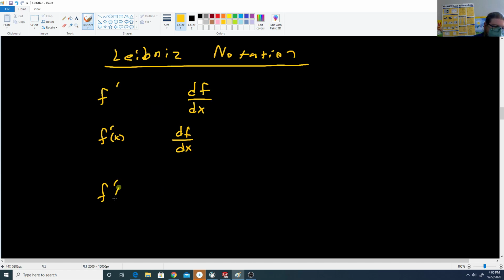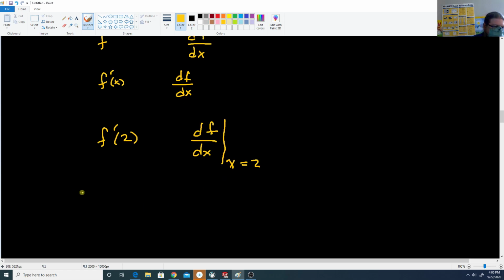If we had something like f prime of 2 in Leibniz notation, the way we notate that is kind of weird. We would do df dx evaluated at x equals 2. So if I had, say, y prime, that would be dy dx.